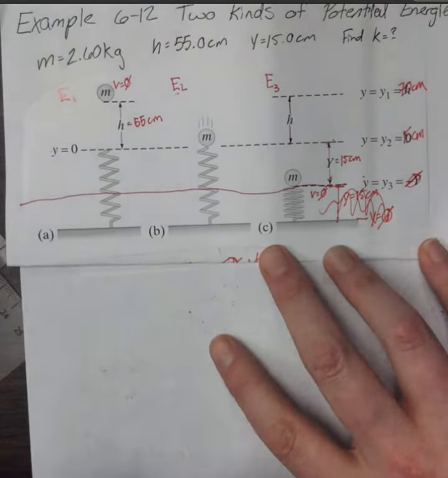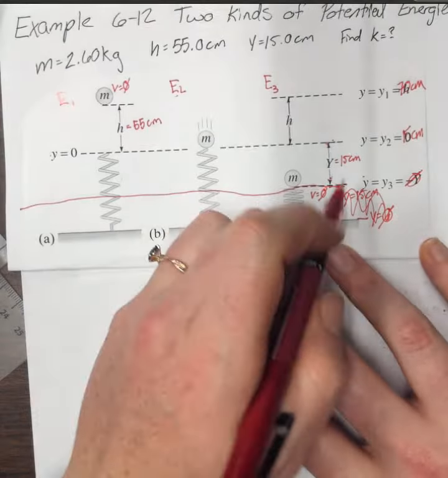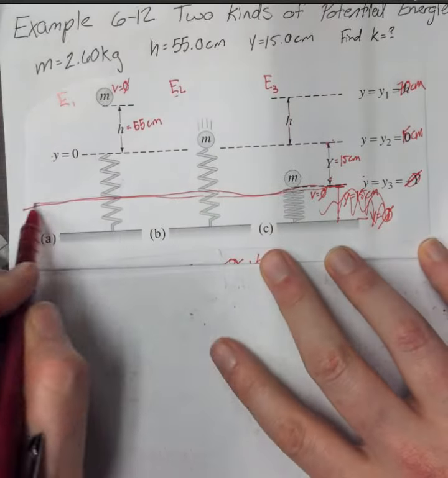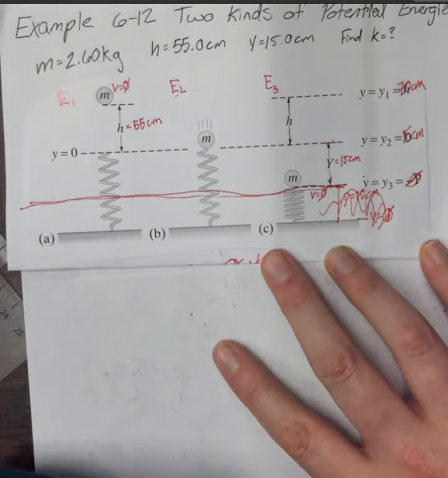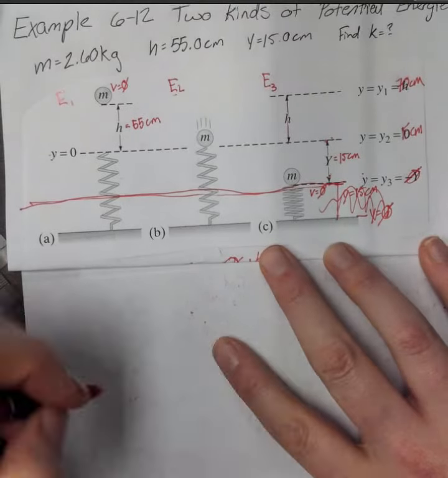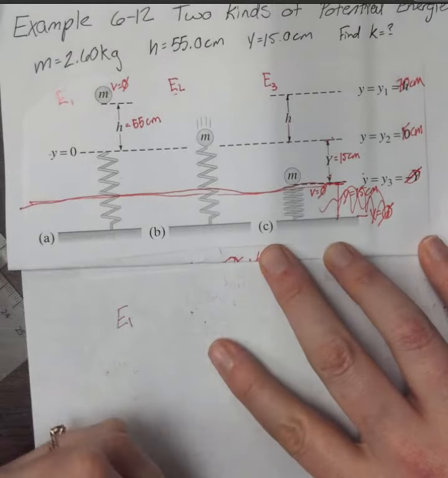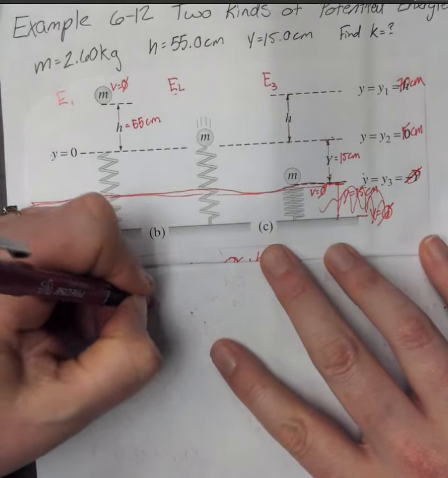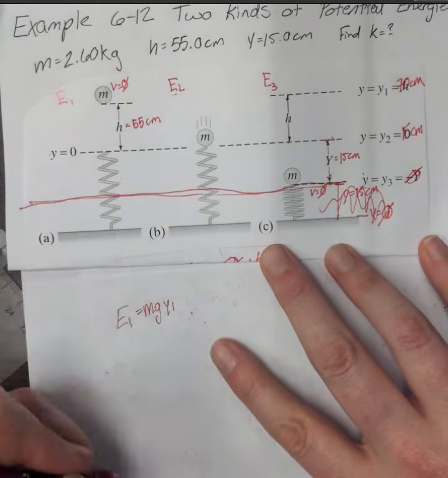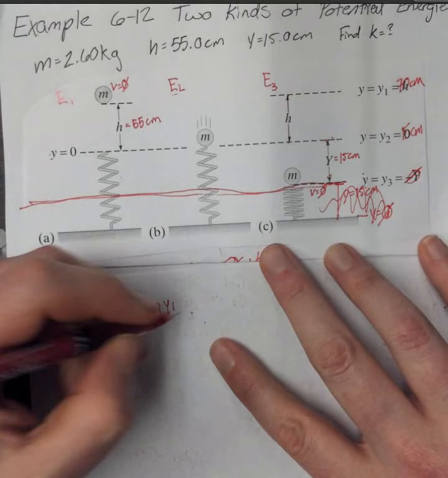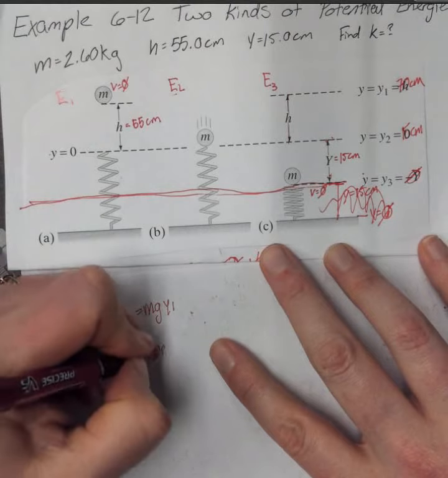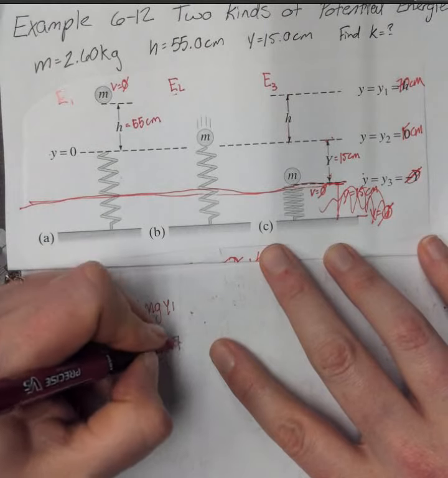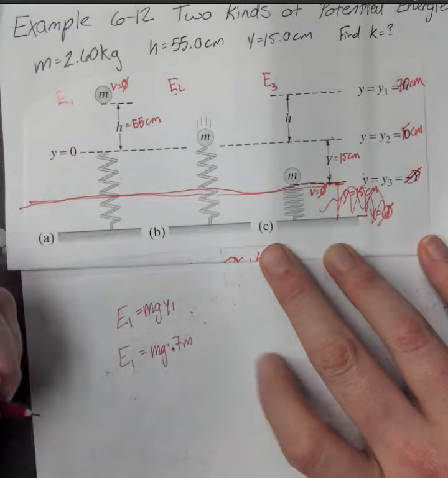Now, why is this easier? Well, now our reference point is the lowest point. We don't have any negative values. E1 is still entirely gravitational potential energy, so it's still mgy1. But now E1 equals mg times 0.7 meters. And E1 equals E3.